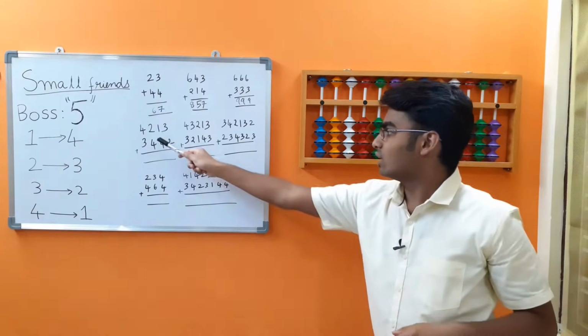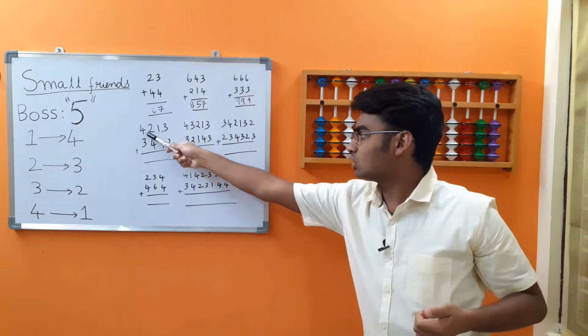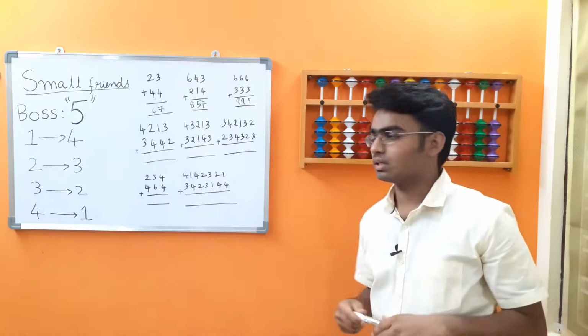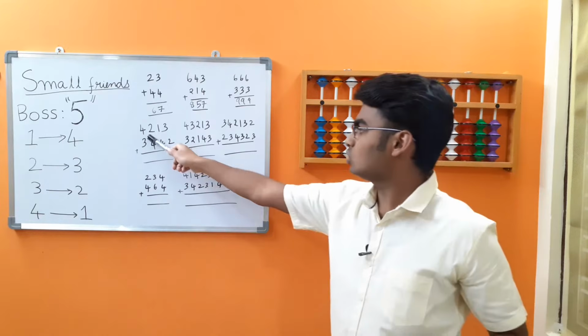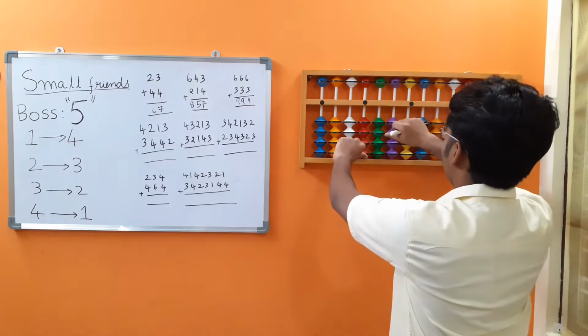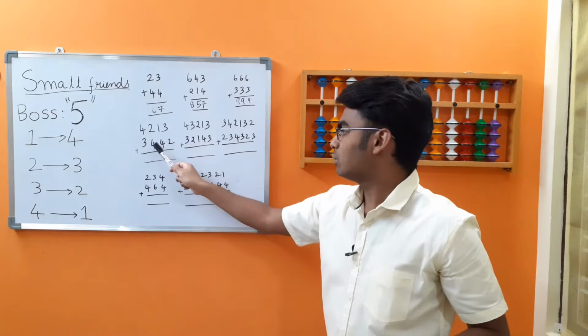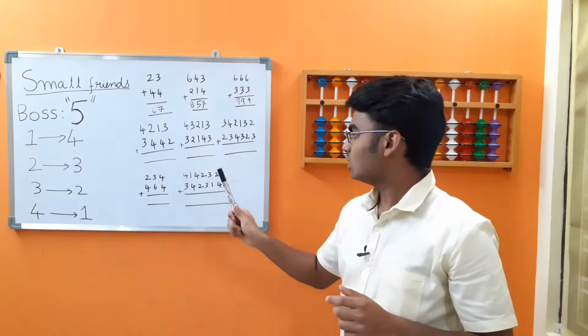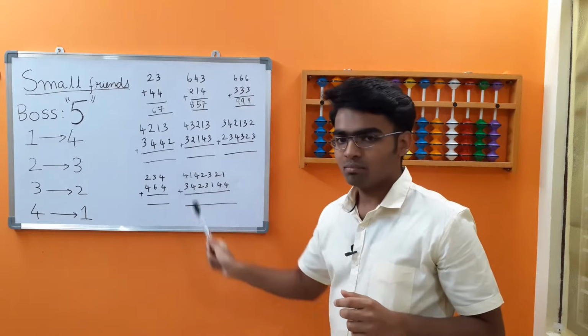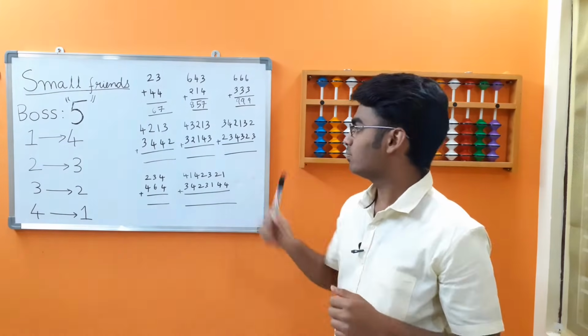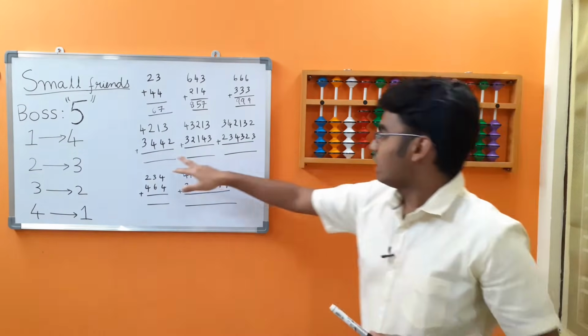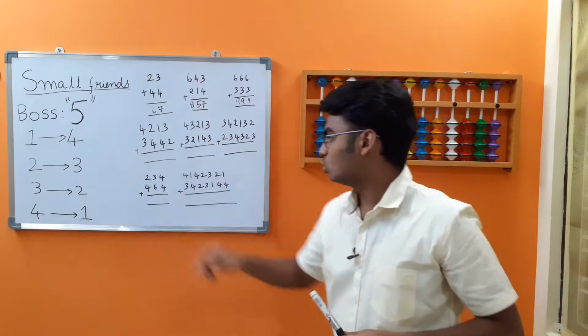We'll add a thousands number like 4000 something plus 3000 something. 4213 and 3442. We'll go one number by one number, right? As I told for the first sum, we have to add 3. 3's friend is 2.